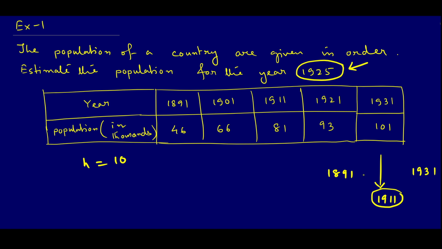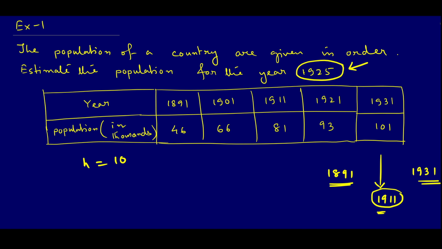Then we have to use Newton's forward interpolation formula. So just check the first number, the last number and the middle number. If the point at which we have to find the value of x comes after the middle number, then backward, and if it comes before the middle term, then we have to use forward interpolation formula.